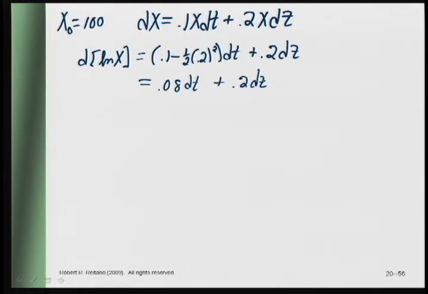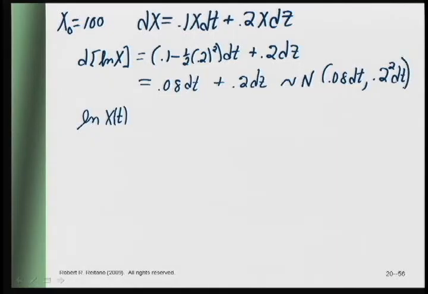So we can now say that if this is the formula for the differential, we can write down the formula for the log of x of t. And the reason is arithmetic Brownian motion adds up. This is saying that each one of these differentials is a normal distribution with a mean of 0.08 dt and a variance of 0.2 squared dt.